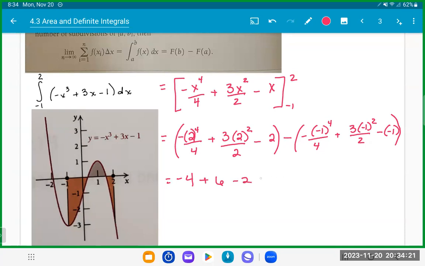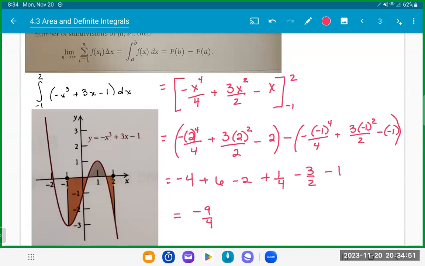And then we have minus a negative 1/4, so that becomes plus 1/4, minus 3/2, minus 1. Okay, and the common denominator is 4. So when we add all of this up together, we get negative 9 over 4.